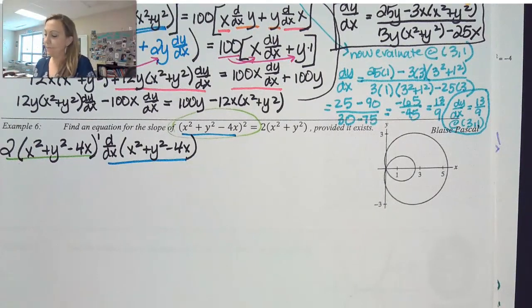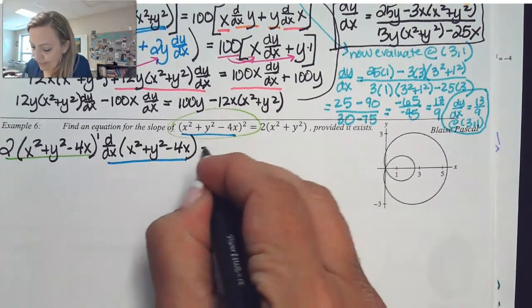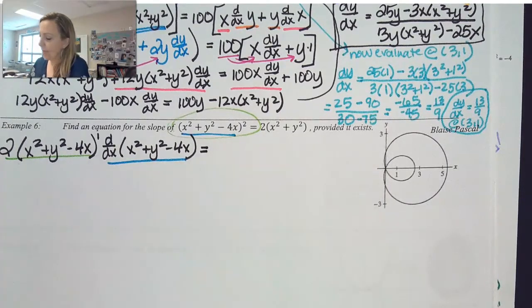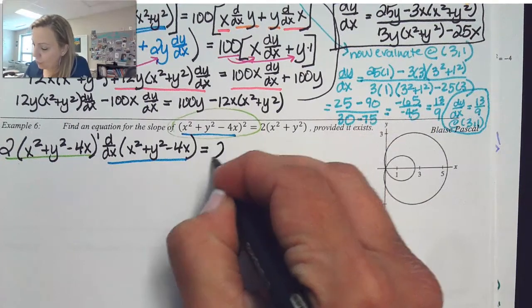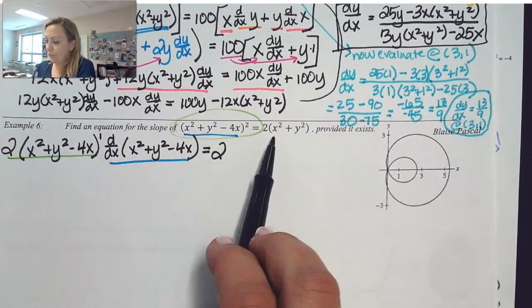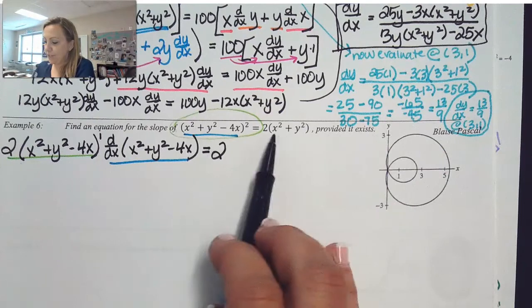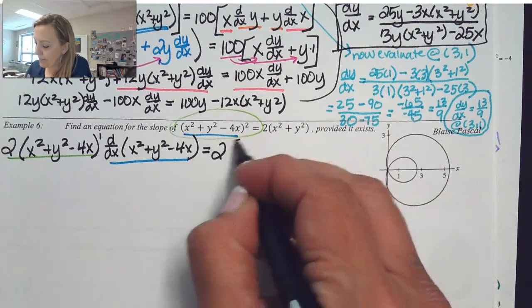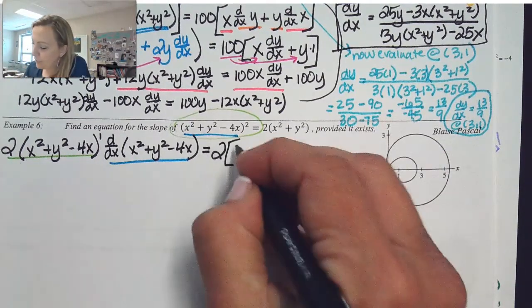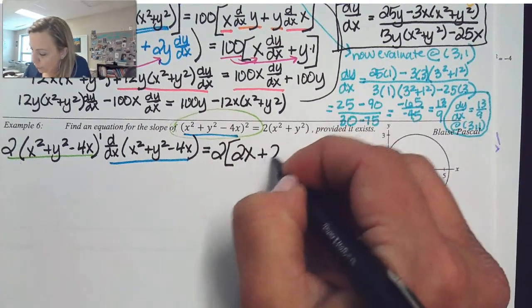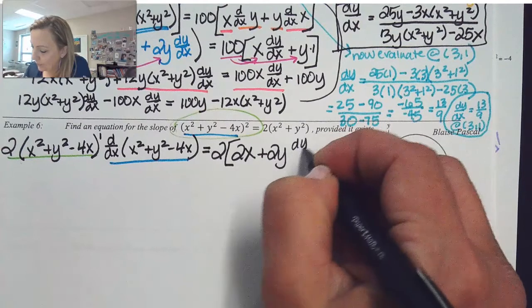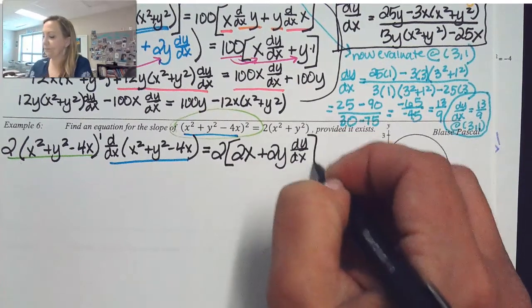Okay, and now if we take the derivative on the other side, this is just to the first power, so we're good. So this is just going to be 2. And then I can take the derivative of x squared plus y squared with respect to x. So that's going to be 2x dx/dx, which is 1, and then plus 2y dy/dx, which is not 1, so we should write it.